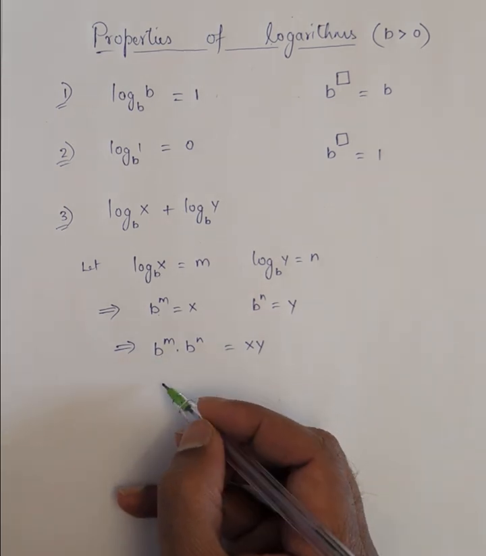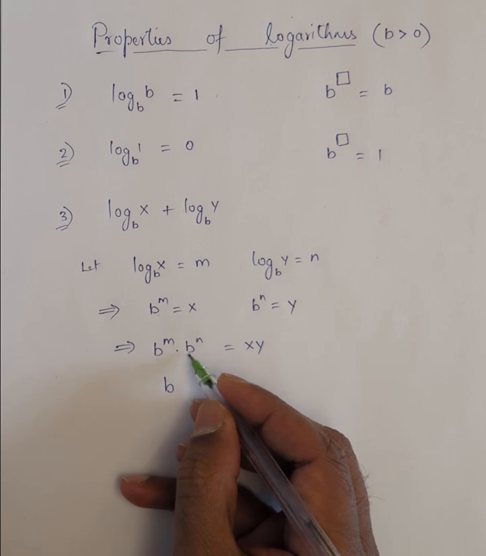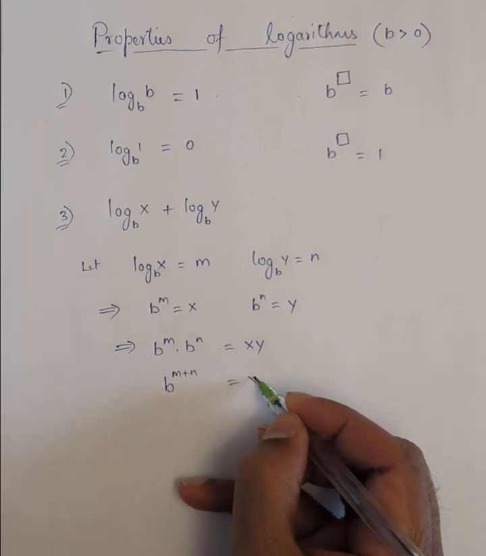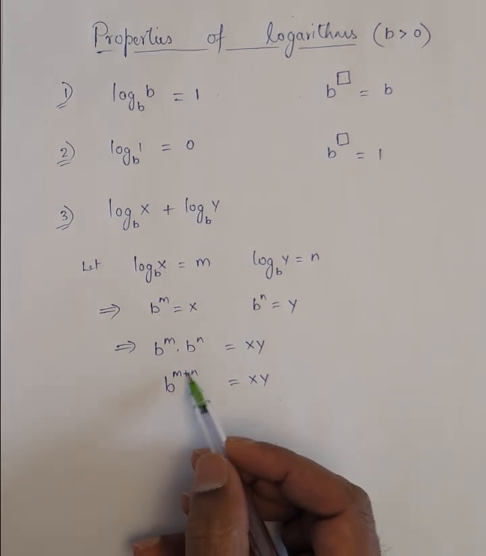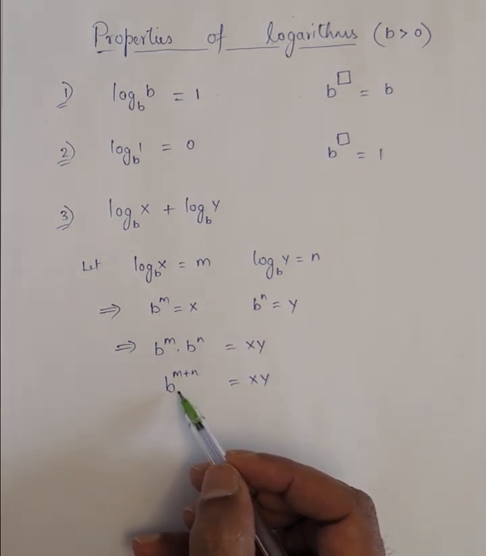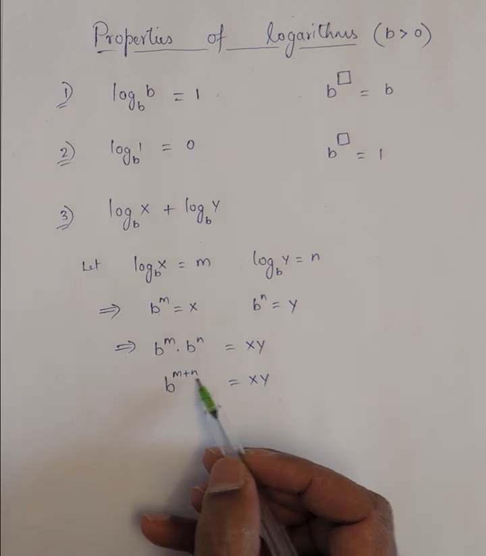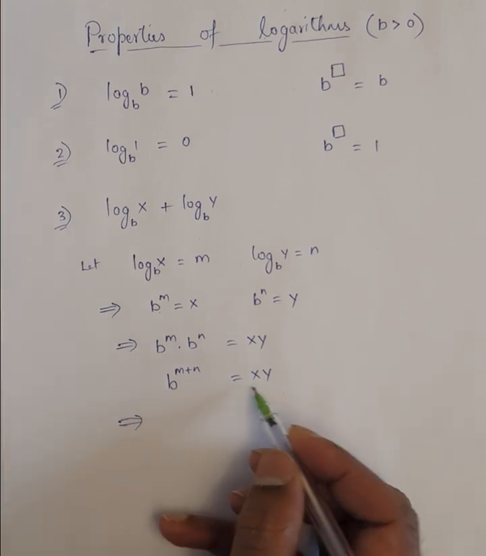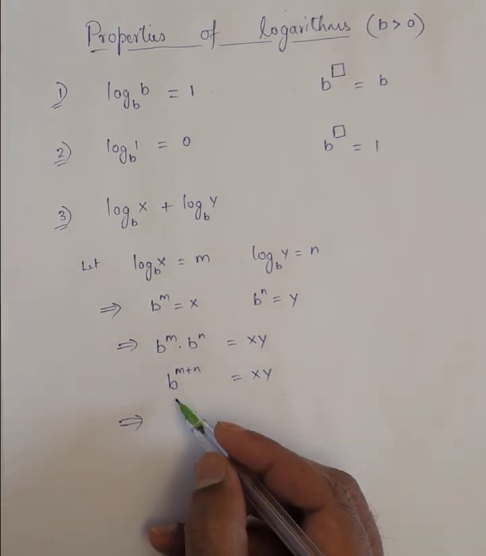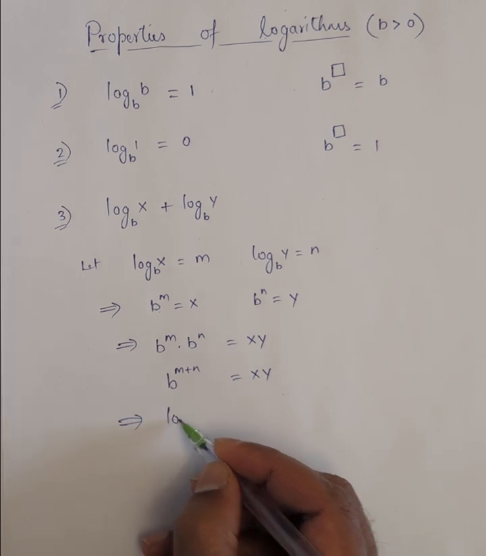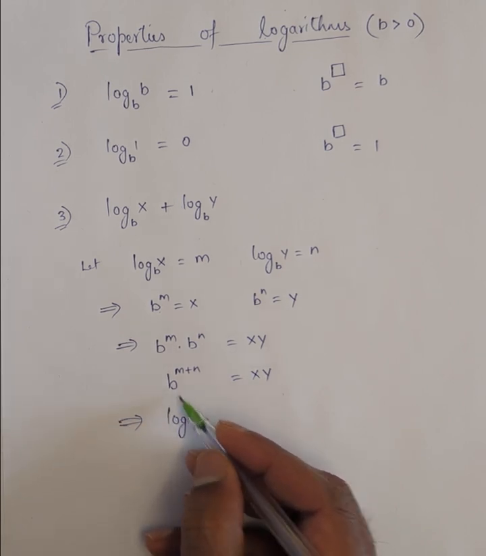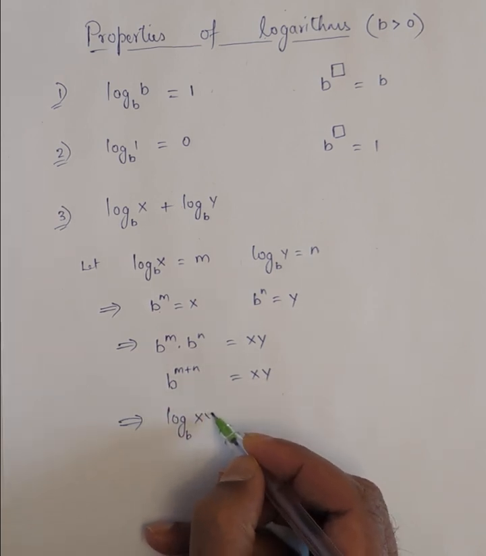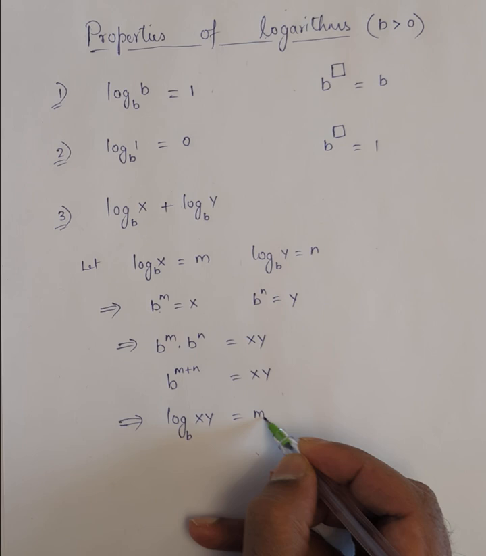And from the laws of exponents, we get b power m times b power n is b power m plus n. Now we wrote this with a single base and a single exponent, m plus n. And now I can convert this to logarithmic equation. How do I convert that? Well, I'll go write log and take same base of xy equals m plus n.